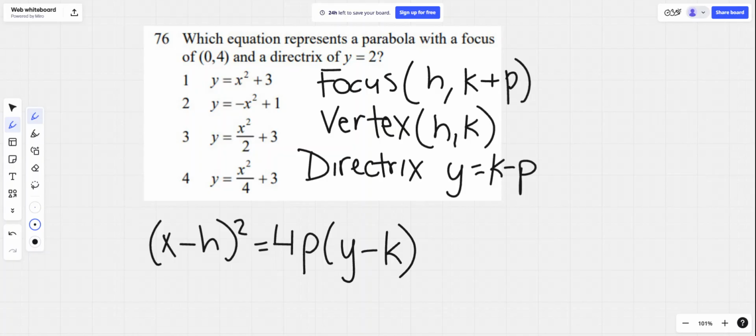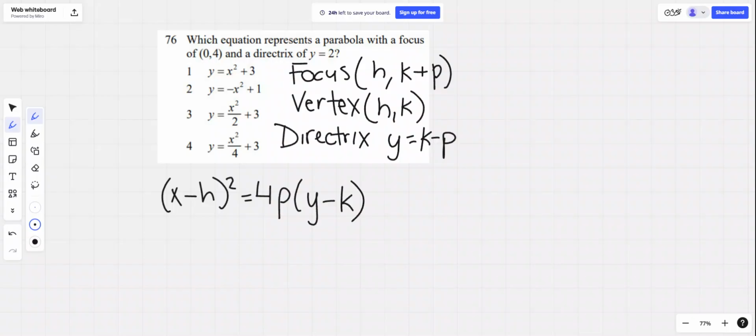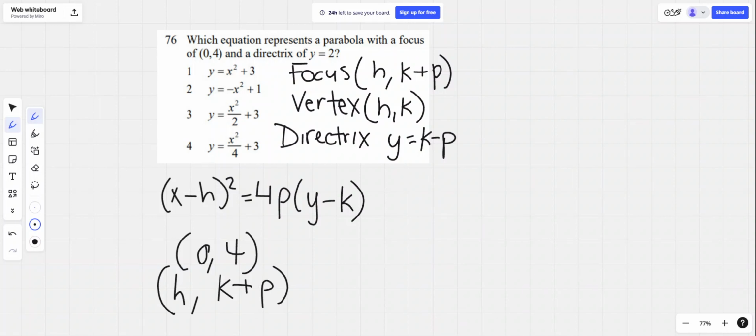So let's have a look at what we are given. We are given that the focus is (0, 4) and the directrix is y equals 2. So we know the focus is (0, 4), (h, k plus p). Based on this, we know h equals 0, right?